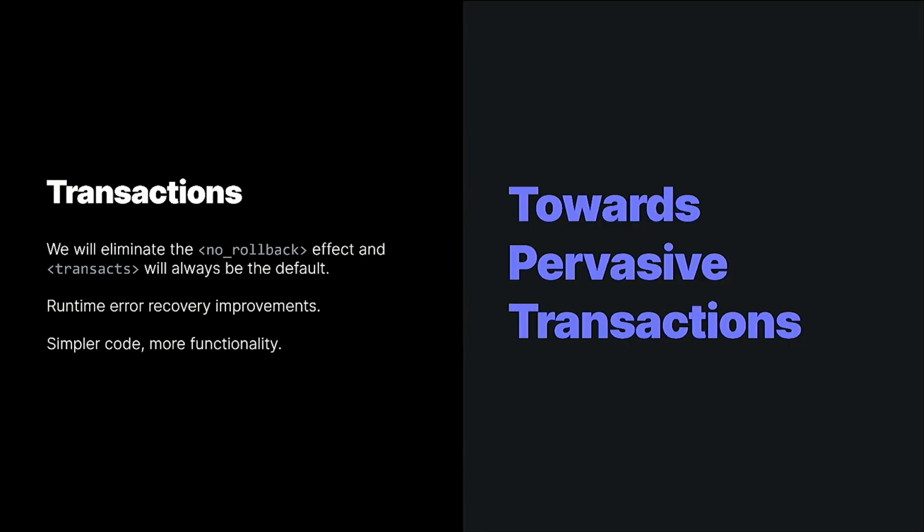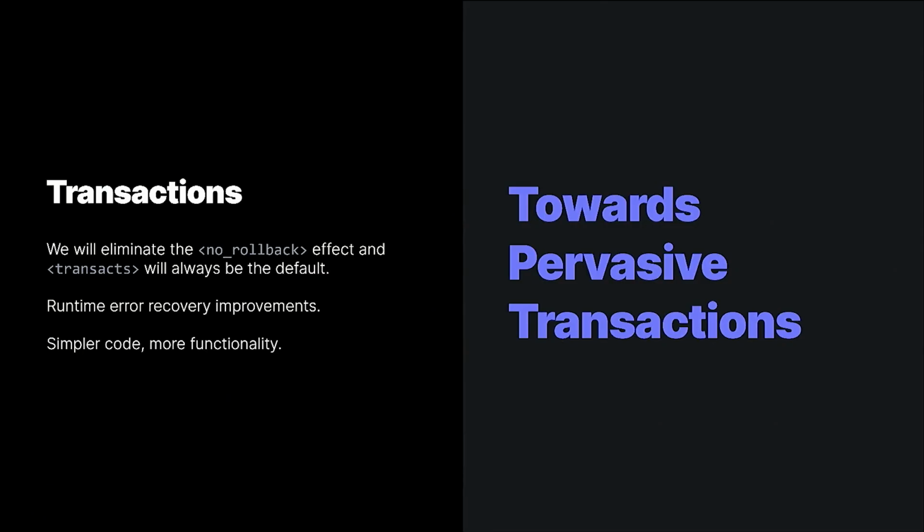It'll also mean that you'll be able to call more functions from if statements and for loops. It'll just lead to simpler code. It'll also mean better runtime error recovery. What I mean by this is if you get a runtime error, right now, whatever the game was doing is kind of aborted there but not undone, which means that the state of your game after a runtime error is who knows what.